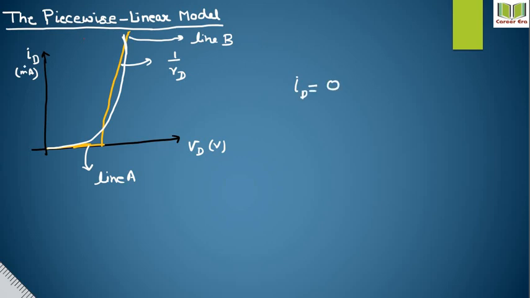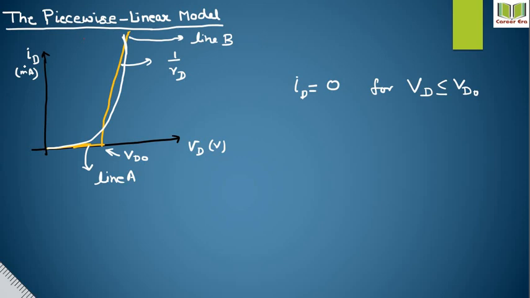We can see that the current along line A is 0 for the voltage. If we take this voltage VD naught, then current ID equals 0 for VD less than or equal to VD naught.